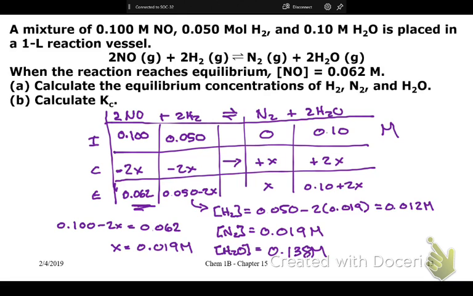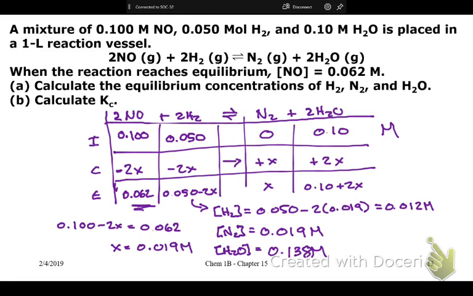So what you get for x, the x equals 0.019, you plug in that x too. Yeah. And then you solve? Okay. Yeah, so I got this value here, right? And I said, oh, this is 0.050 minus 2x, so 0.050 minus 2x is equal to that number, if I did my math right, right? And then this one is just equal to x, so it's just 0.019 for this one.